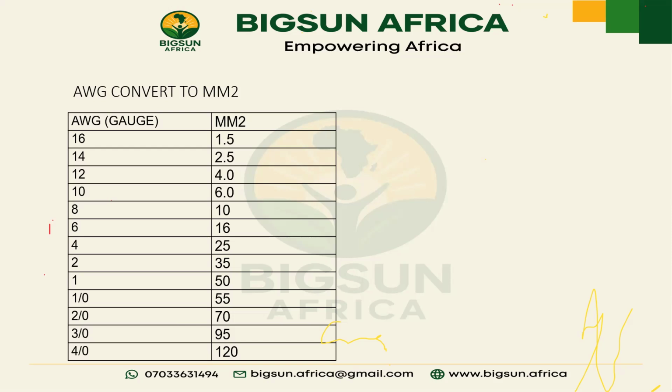So resistance affects current more than it affects voltage. That is just the idea. So most times when you're connecting your panels over a distance, you try as much as possible to have a higher voltage rather than higher current, and also try as much as possible to reduce the distance if we have the opportunity.